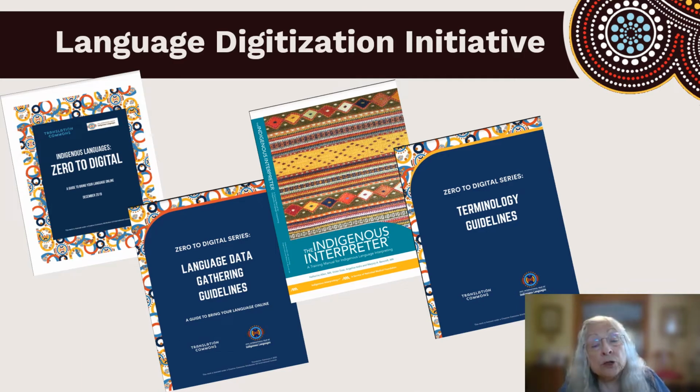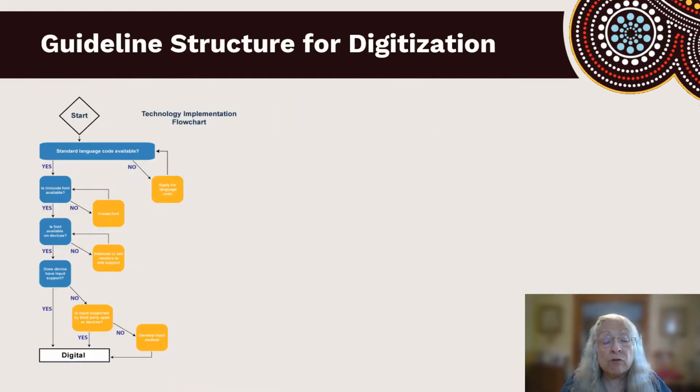Finally, we have our terminology guidelines, which provide guidance in collecting and documenting lexical information and terminological information. All of these guidelines are based on a structure for digitization, which is reflected in the flowchart that you see on the left, although I'm afraid it's not very large, depends on what kind of screen you've got.